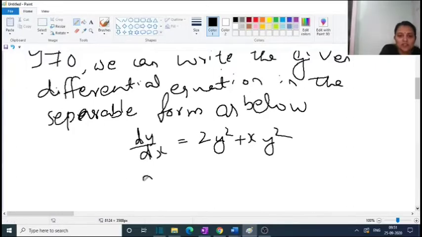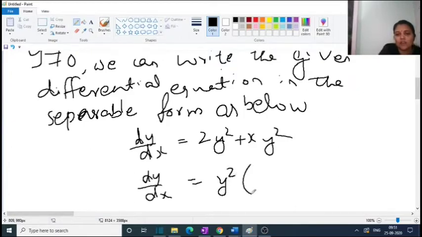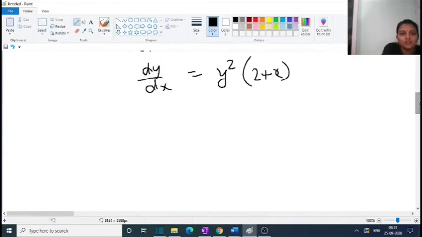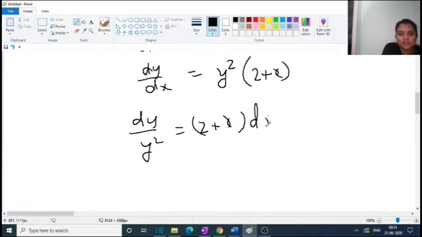For that we take the common term y square from both the terms, so this becomes y square into (2 plus x). Now we can cross multiply the terms, that is dy by y square is equal to (2 plus x) dx. Now integrate both sides.